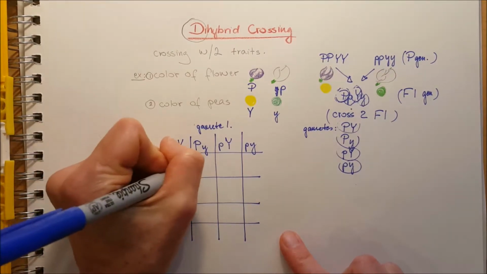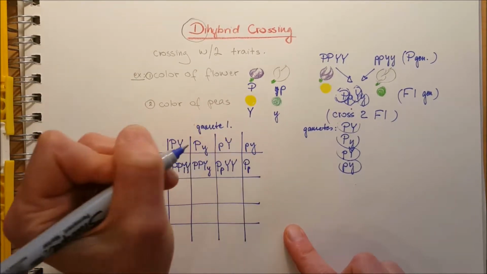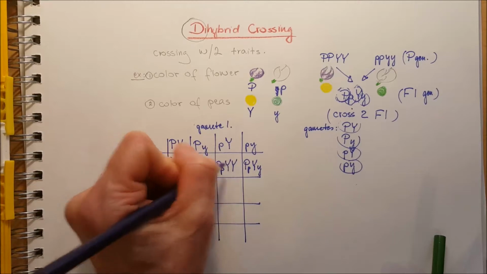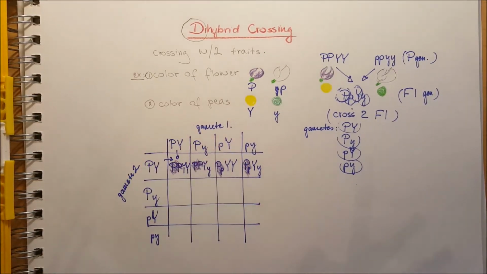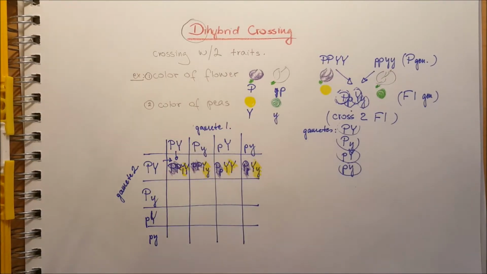Pulling it down, we will fill out the table. This is tedious, I know, and we will learn a trick later on to make it a little bit simpler, because in the test you will have no time to do that.